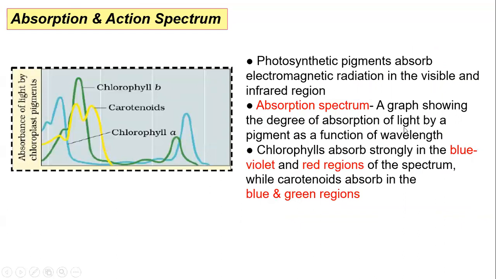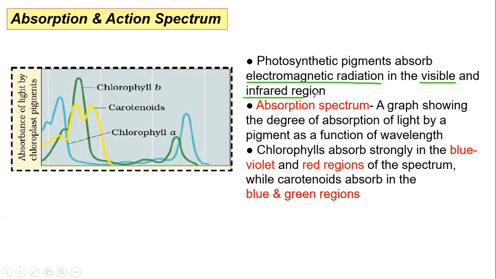Next, we have to learn about the action and absorption spectrum. You don't have to study it in a very detailed way, just listen here. Photosynthetic pigments absorb electromagnetic radiation in the visible and infrared region.